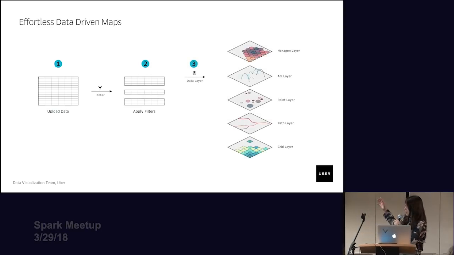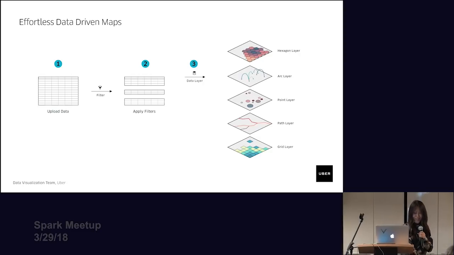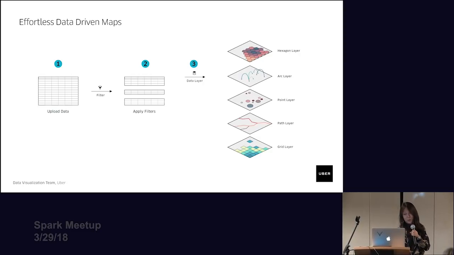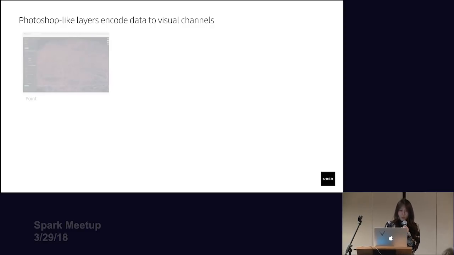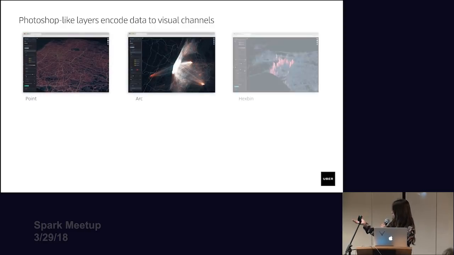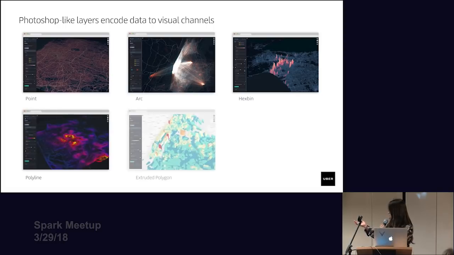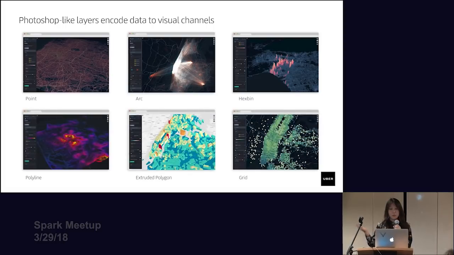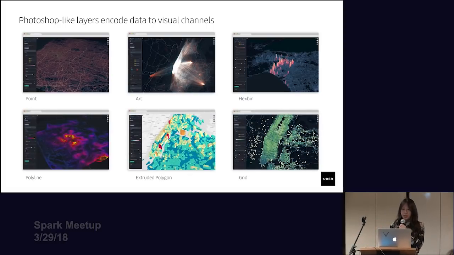And then you'll be able to create all these different map layers and then interact with it. So with just one single data set, you were able to create all different visualizations using all the preset functions.